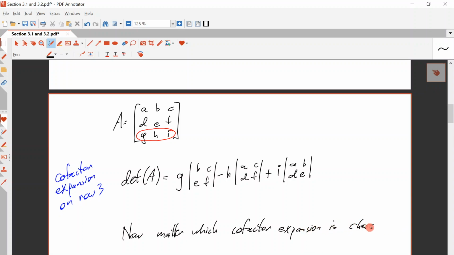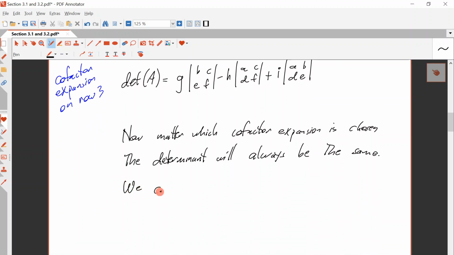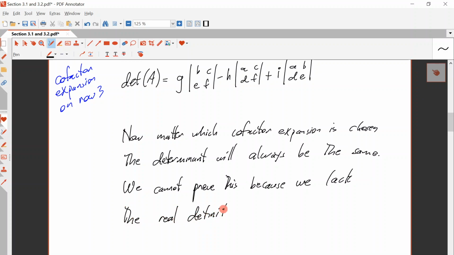Is chosen, the determinant will always be the same. We can't prove this because we lack the real definition of a determinant.